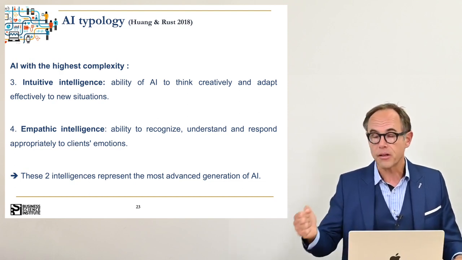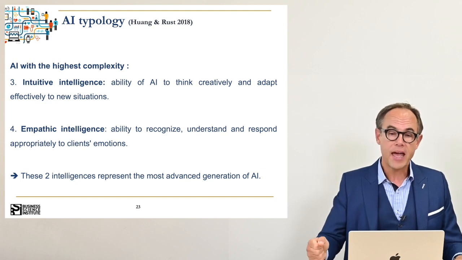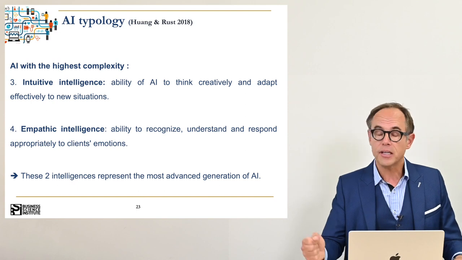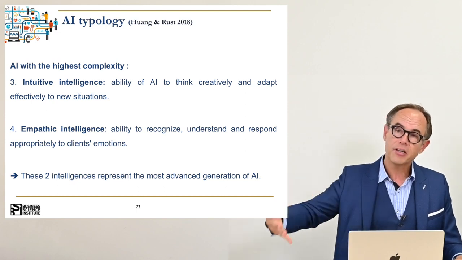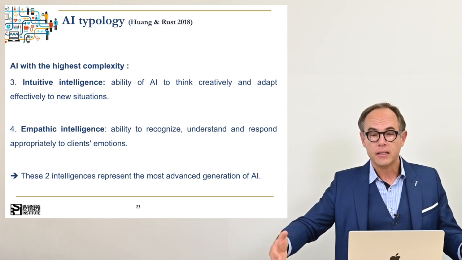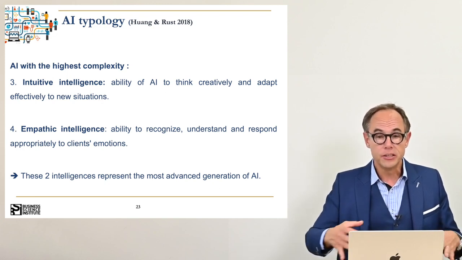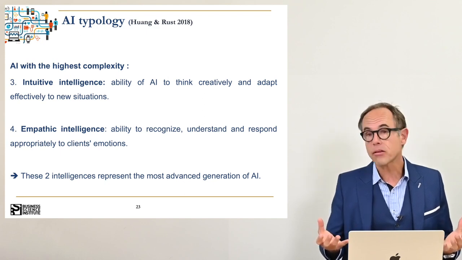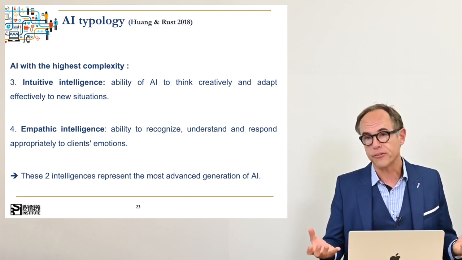That is, for example, the service recovery, when a customer is angry about, for example, a complaint management situation about a dissatisfaction, the AI can recognize emotions, so emotional AI, and can defuse, reduce the anger of the customer by reacting also with emotions, that is, with empathy, for example.